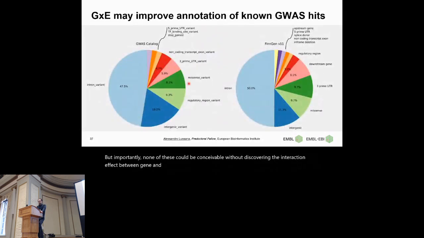And if we look at the known GWAS hits in the phenotype of interest for the PEGS-DREAM challenge in the GWAS catalog and in the FinnGen databases, we see that the vast majority of these already known hits would greatly benefit from this further annotation.